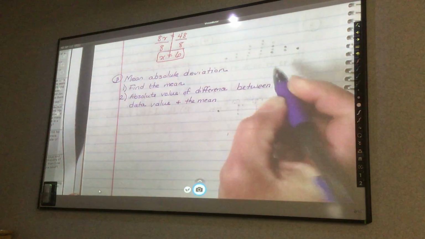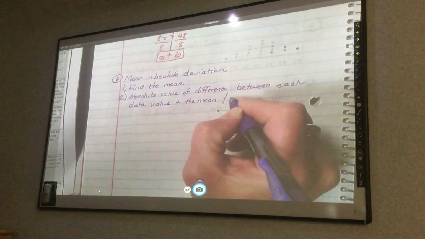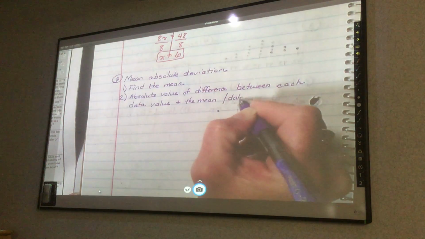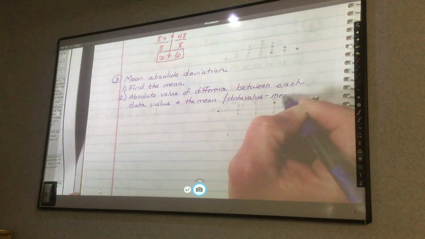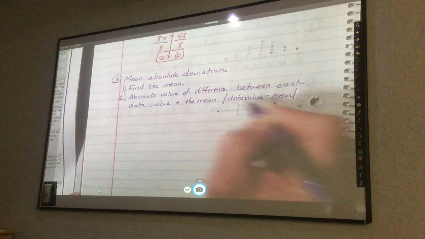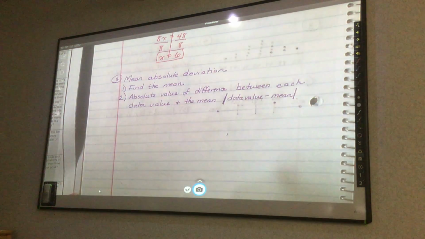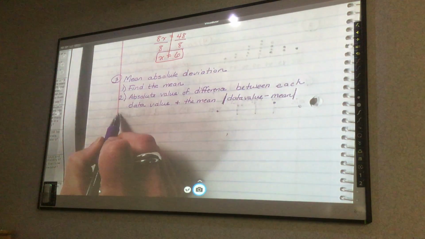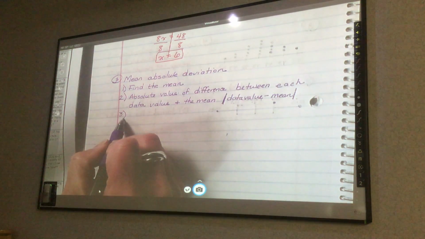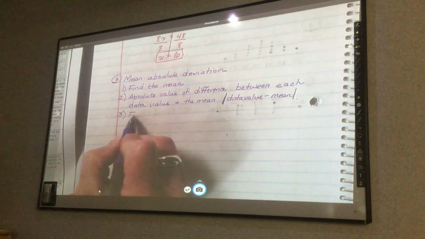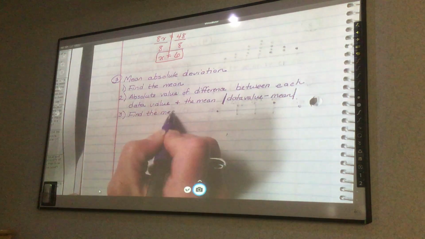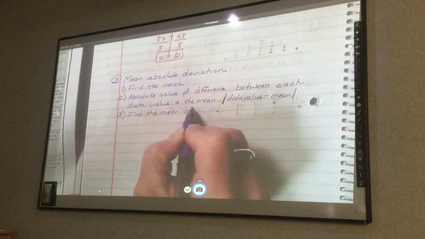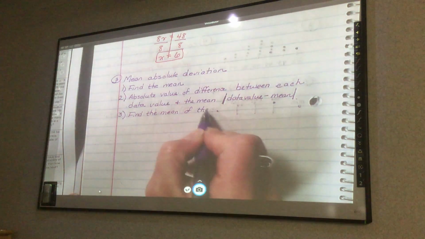So what that means, it looks like this: the data value minus the mean, and those are in the absolute value. Step 3 then is to find the mean of the differences.